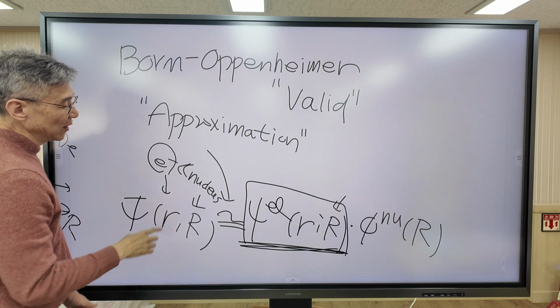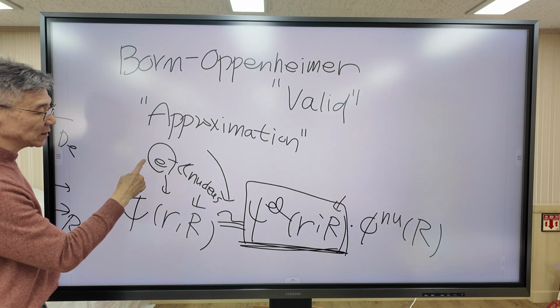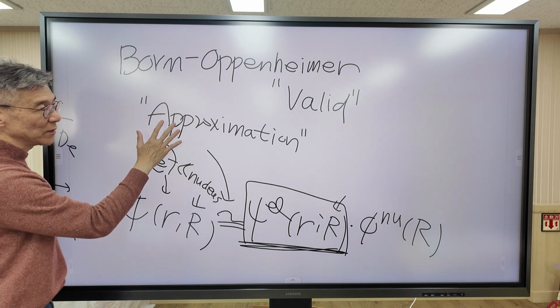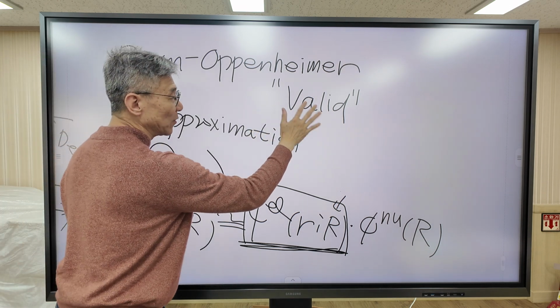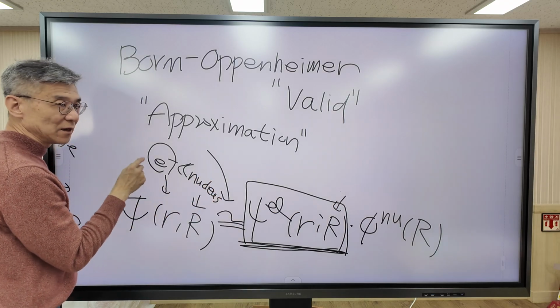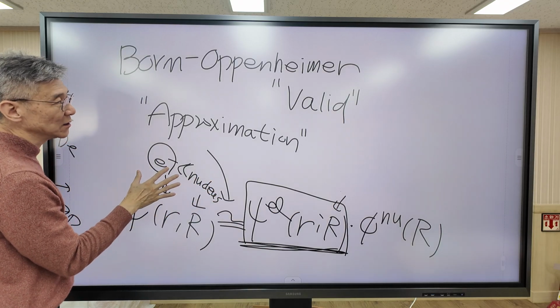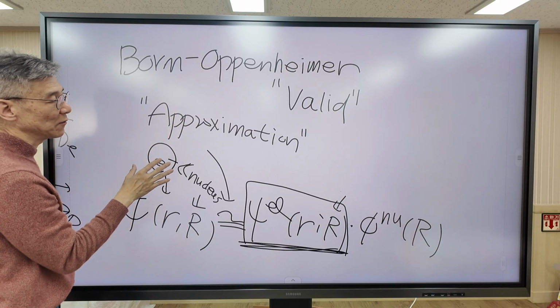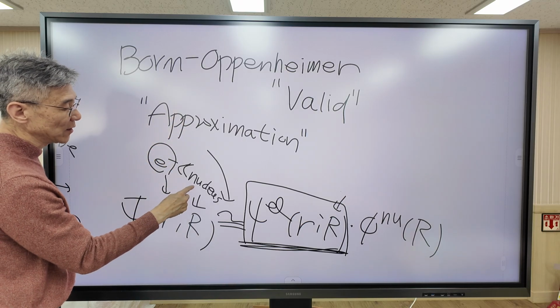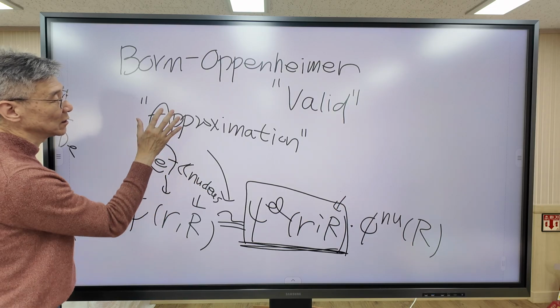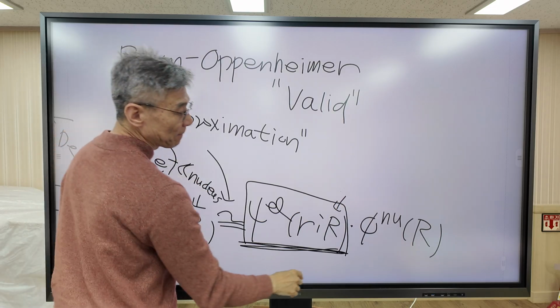It means that electrons move much faster than the nucleus. This approximation is valid because the nucleus moves much, much slower than electrons. This fact supports this approximation. So I'm going to explain why the fact that the nucleus moves much slower than the electron supports this approximation.